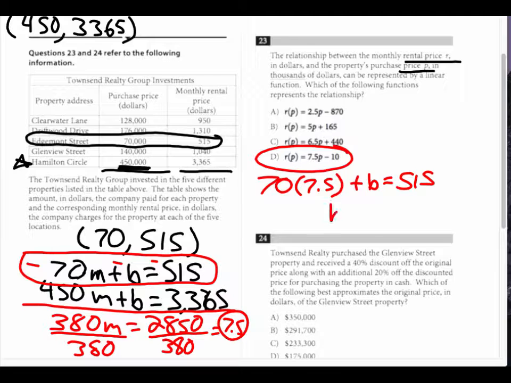So b is equal to 515 minus 525. What's that? -10? Yep. Okay. That's it. I calculated it in my head and said, is that -10? But yeah, that's the answer, right?